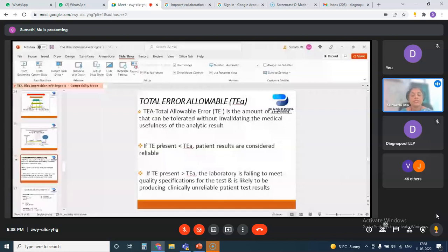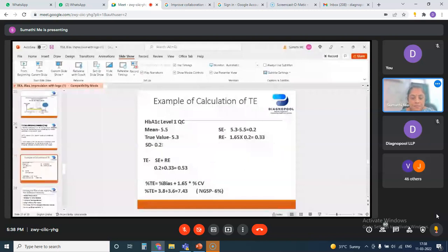So now we have an example of calculation. I thought I'll share the practical way of calculating it. I have arbitrarily put the mean values and the true value of the HbA1c level 1 QC. So let us see how we can calculate the total error for this. For the QC level 1, the lab mean is 5.5 and the true value, that is the target value, is 5.3, and the SD is 0.2.